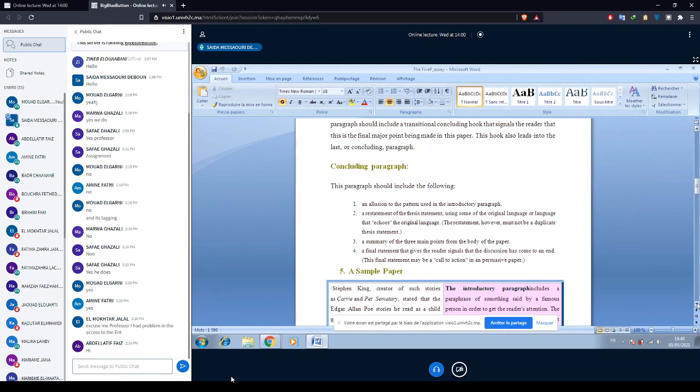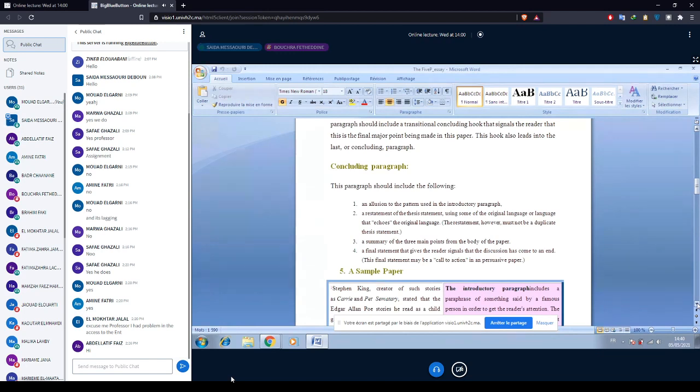And then finally, the final statement that gives the reader signals that the discussion has come to an end. This final statement might be a call to action in a persuasive paper. It's not our case, but you may give further suggestions, further ideas, but no more new ideas in the conclusion, never.